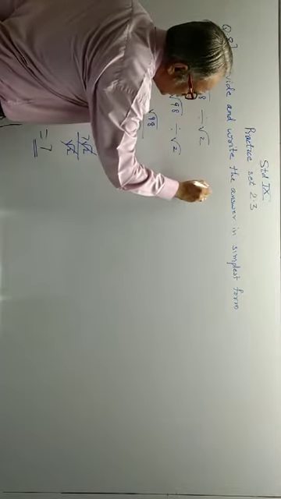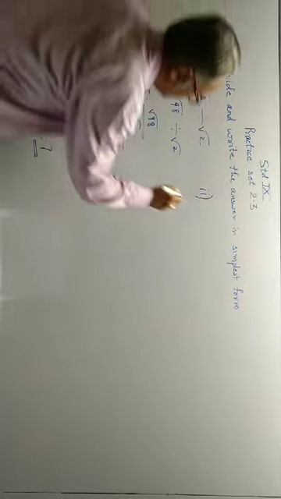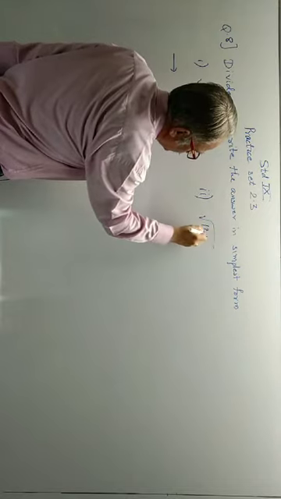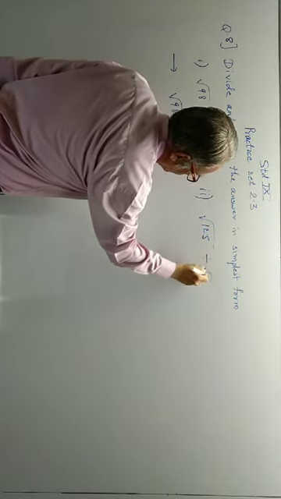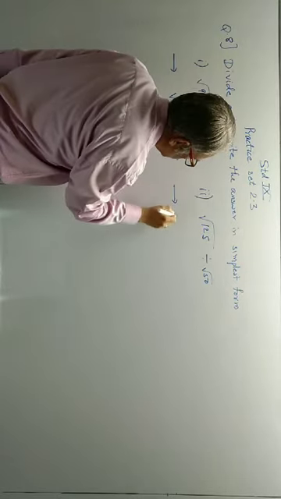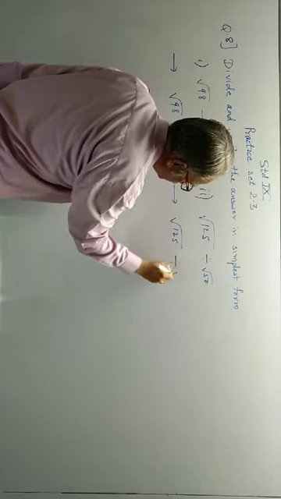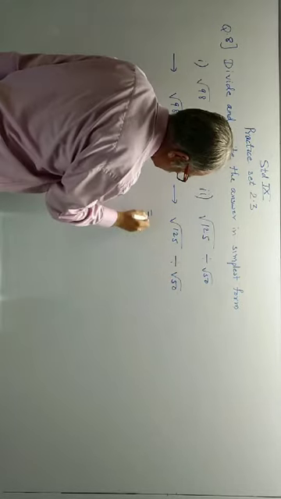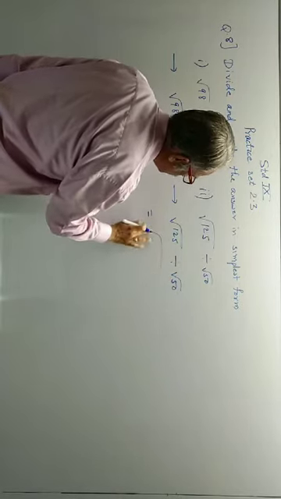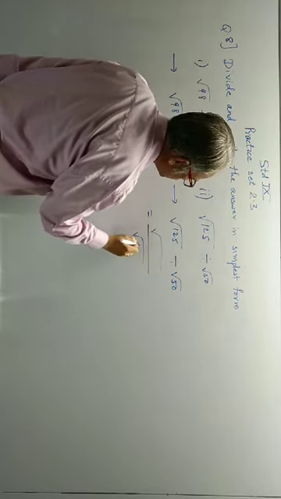Now the second question from that is root 125 divided by root 50. Root 125 divided by root 50 equals under root 125 upon under root 50.